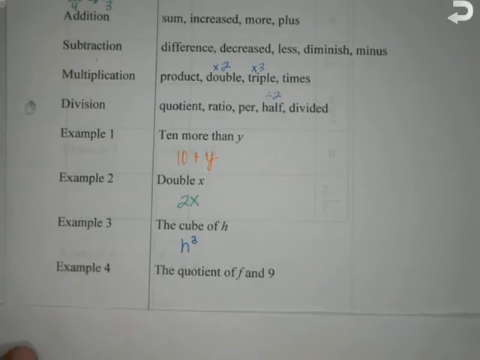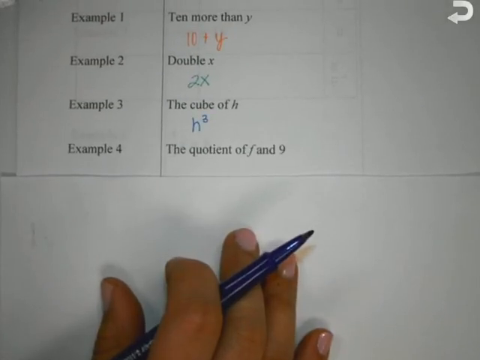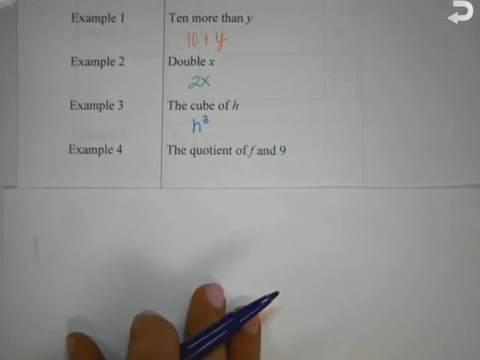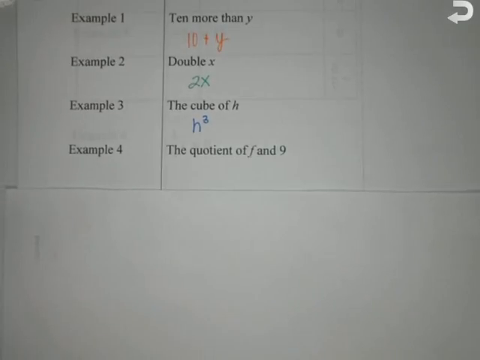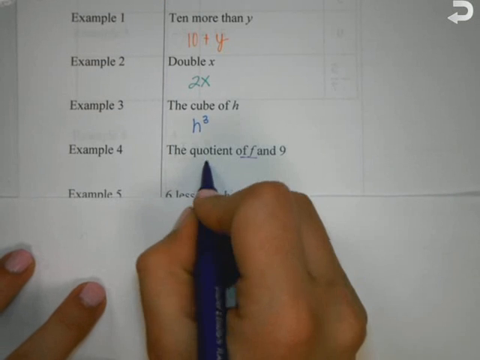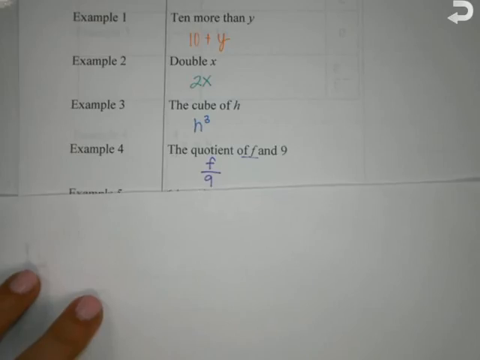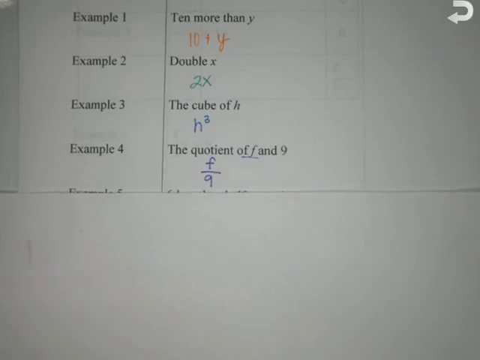What am I going to do here? Division. Which one goes on top? F. The one that comes first, f. So it's going to be f over 9. So the quotient of f on top, 9 on bottom.